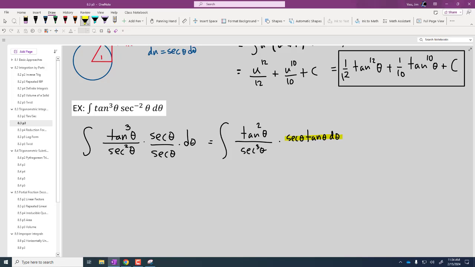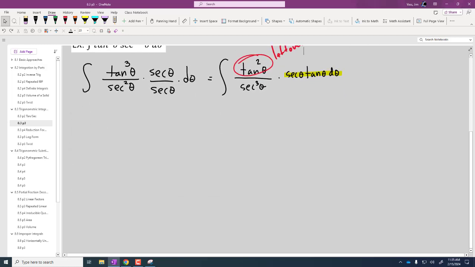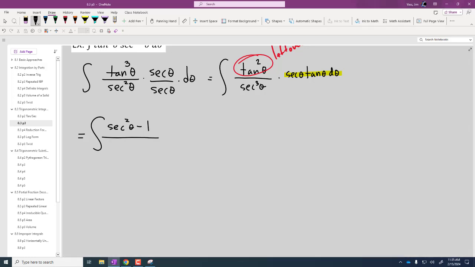Now we have to convert; these are considered the leftovers because we're doing a tangent thing. Those are the ones that need to be converted. And we already know that, if we look at our identity, tan squared is secant squared minus 1. So secant squared of theta minus 1 over secant cubed times secant tangent.